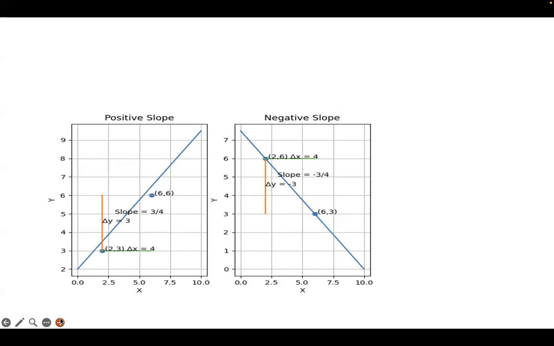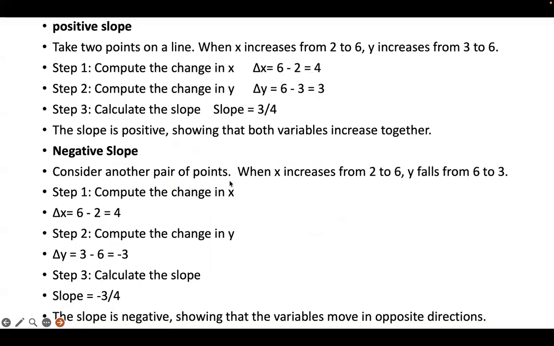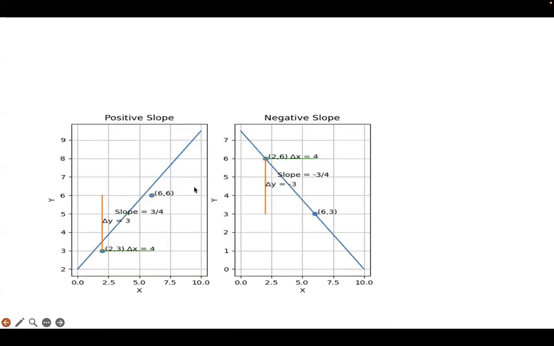So the x and the y, I'm seeing that it is 3 over 4. Technically meaning 6 minus 2 over 6 minus 3. That is giving me 4 over 3. Yes. Okay.